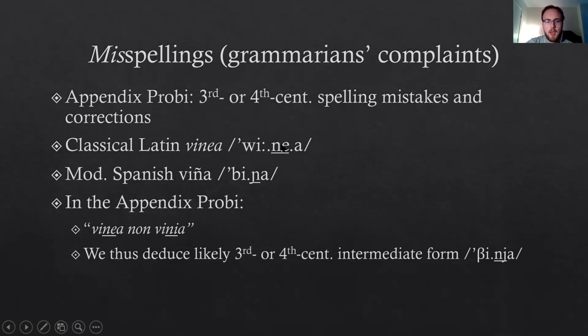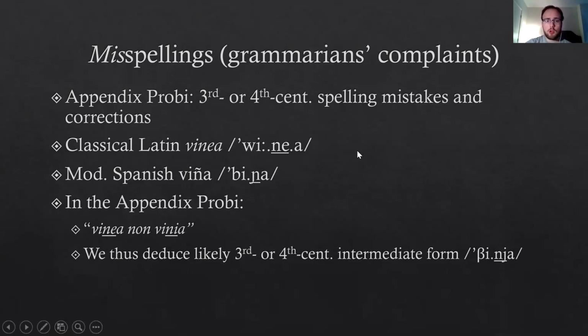And in the Appendix Probi, we see an example where he says that it's literally "winea," not "winia." Pretty easy to see what the point is. The point being that you should write this as "winea," not "winia," for purposes of education.